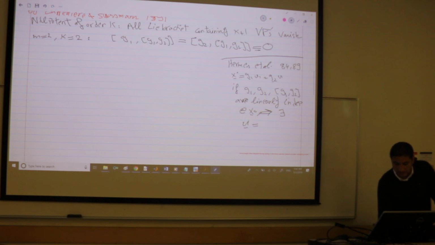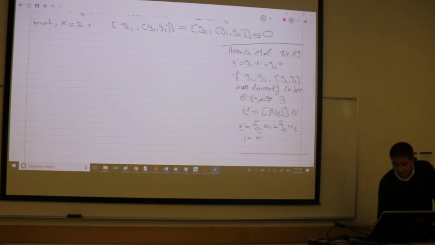Say u can be transformed to w, so this is a transformation as a function of x. With the new inputs w, x dot will be something like g1 tilde w1 plus g2 tilde w2, and this is a nilpotent system.